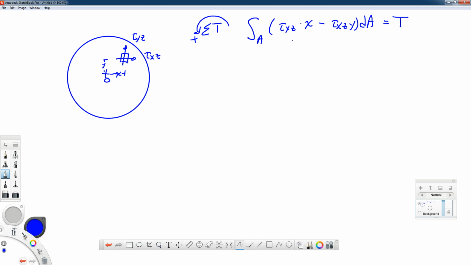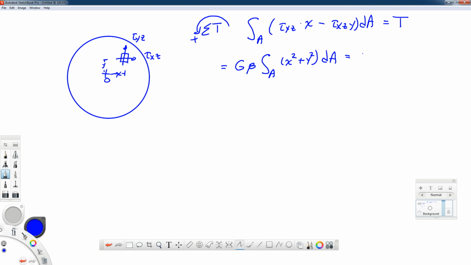Now we have our expressions for tau yz and tau xz. They both have G and beta in them, and those are constants. For a bar with a constant applied torque at the end, the twist rate is constant, and the material properties are constant. So G and beta can come out in front, and we're left with an area integral of x squared plus y squared dA.